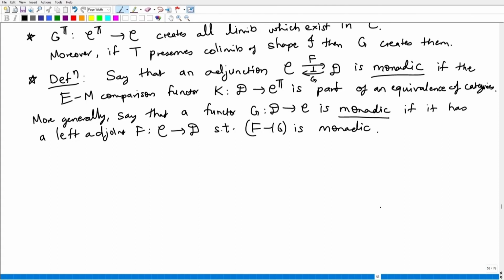Okay, so one important thing which we could have seen earlier, maybe, G epsilon sub F was an important functor. You remember? So there is a note which will motivate our discussion further.